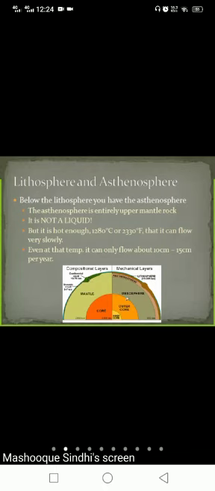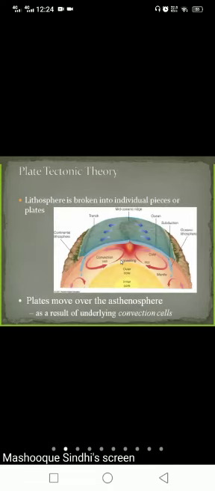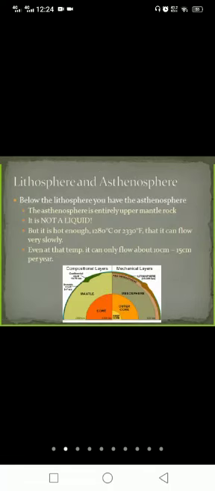On the other side we have mechanical layers: inner core, outer core, then mesosphere, which is part of the mantle. Then the upper part of this mantle is the asthenosphere. Then the uppermost part of the mantle plus the crust, these two make the lithosphere.